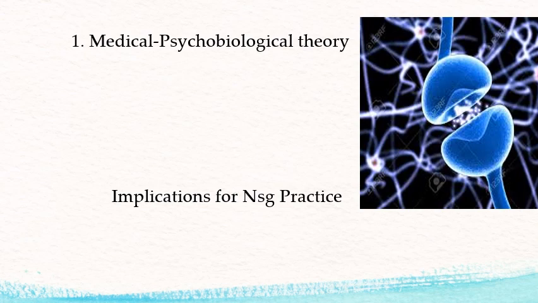Nurses must have thorough knowledge of psychiatric diagnoses, the medical model, the signs and symptoms, etc. Also, nurses must have a very thorough understanding of psychiatric medications and psychiatric treatments. So that's very important with this model or this theory.